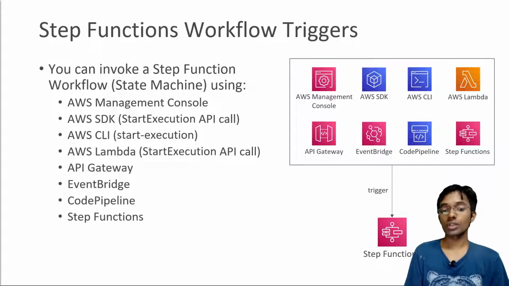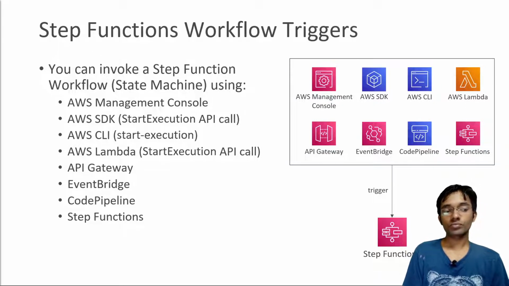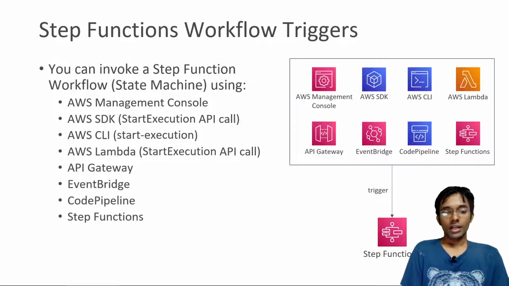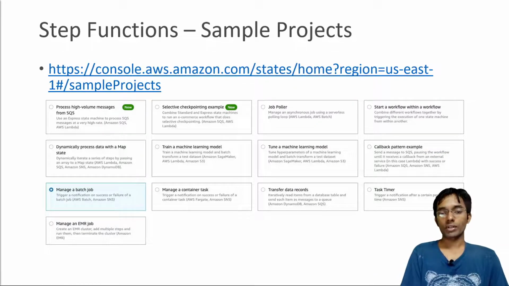You can use EventBridge, and then integrations are limitless, like CodePipeline. So it's possible for you in your CodePipeline to invoke Step Functions. And finally, Step Functions can also invoke Step Functions.